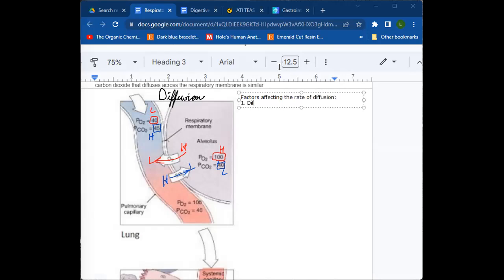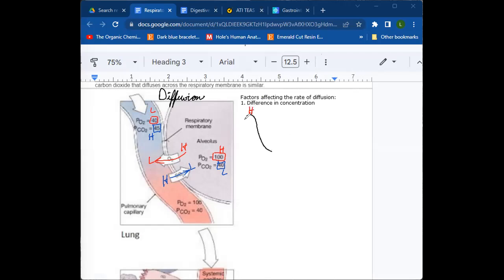The first one is the difference in concentrations. Basically, the bigger the difference between the high concentration and the low concentration, the faster the movement. If you think about a hill, the bigger the difference between the top of the hill and the bottom of the hill, the faster the movement.